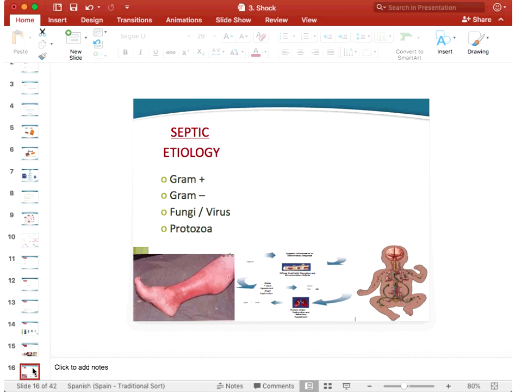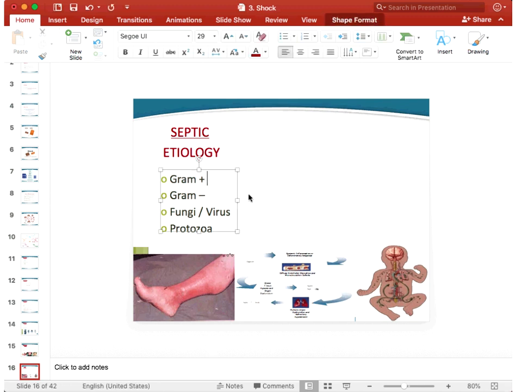If you have an infection, you have to look for it, otherwise it's going to keep developing, and it will develop first sepsis. Then if the sepsis continues, it will develop a septic shock. Of course, the treatment to this is to treat the main cause. So if we don't find any site of infection, we have to keep looking until we find it. Otherwise, the patient's going to die.